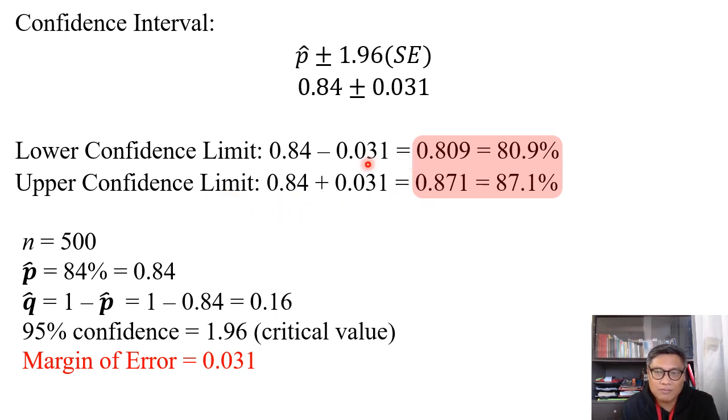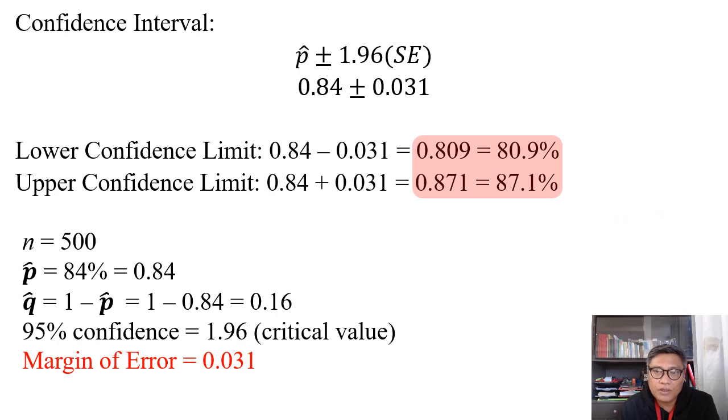When you subtract 0.031 from 0.84, that is 0.809, or 80.9%. The upper limit is 0.84 plus 0.031, which is 0.871, or 87.1%. I put the percent here because the problem calls for percentage.